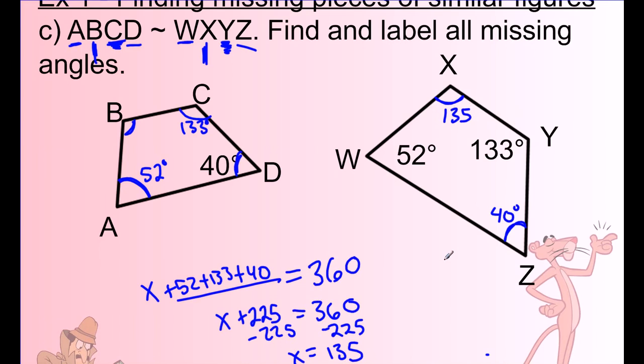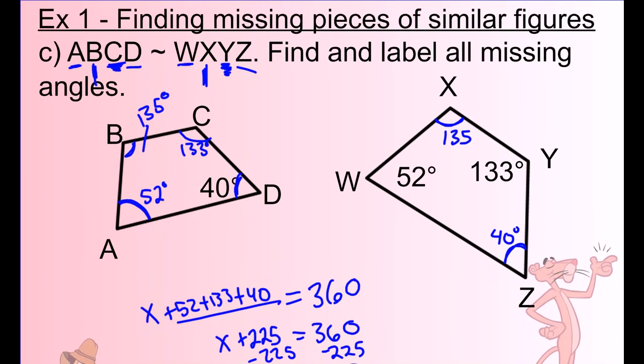Since angle x is 135, its corresponding angle B is also 135. Corresponding angles are congruent. And there we go. We found all of the angles for both figures.